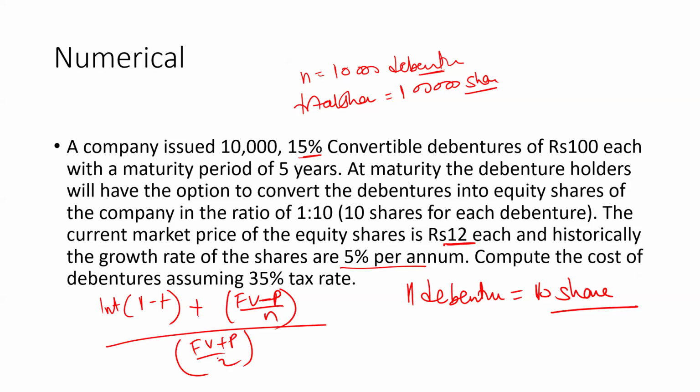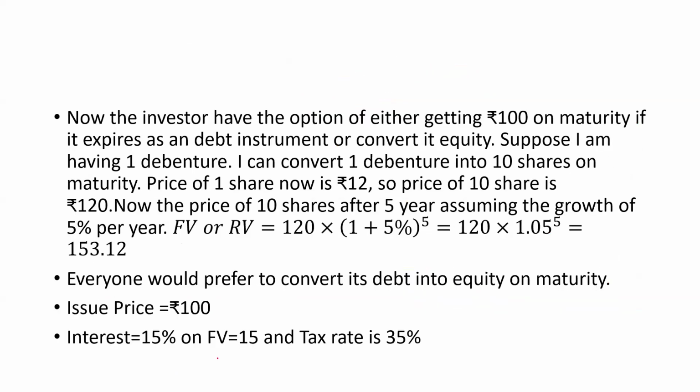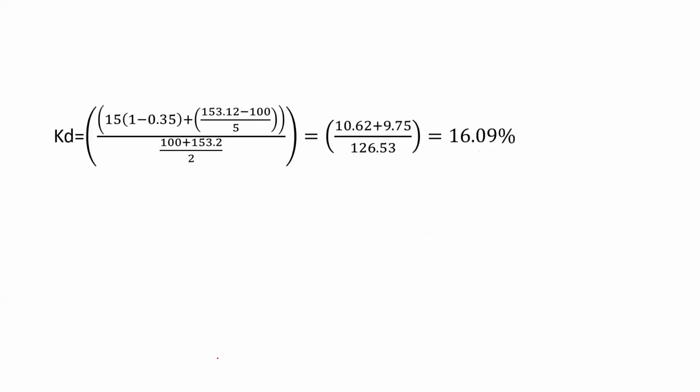The price is given as 12 rupees, growth rate is given, tax rate is given, the debenture interest rate is given. So here, if you convert the debenture into cash, what is the cost of debt?